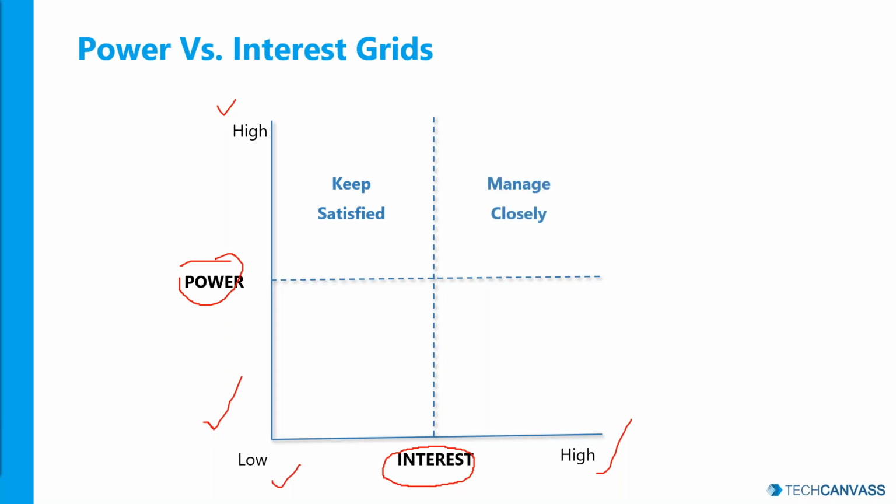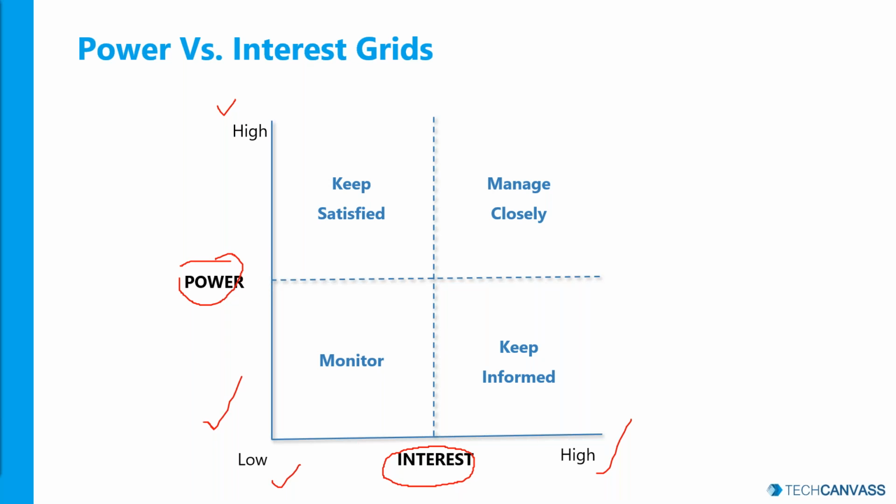On the other hand, if the stakeholder has high interest and high power, you need to work with him very closely to make sure he's up to date with the project reports, the project status, right? There may be cases where he has low power but high interest. You need to keep them informed, keep them communicated on the project progress. And finally, you may have some stakeholders who are low power and low interest, right?